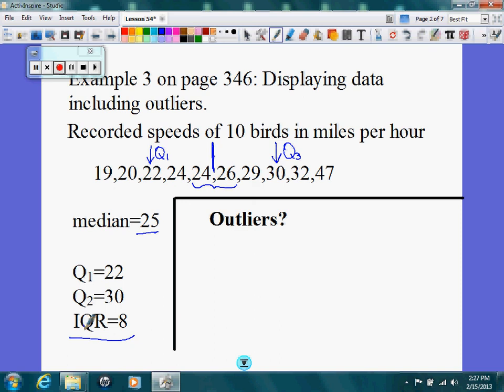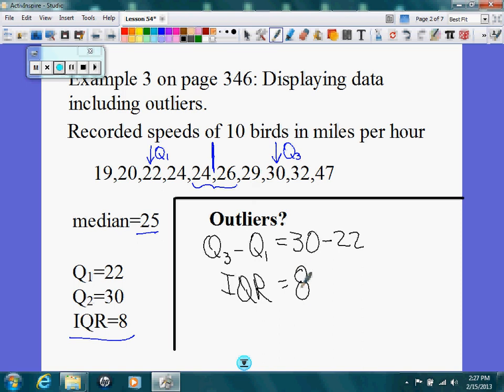What IQR stands for is interquartile range. The interquartile range is the difference between Q3 minus Q1. Well, Q3 was 30 and Q1 was 22, so our interquartile range is 8. Now, how do we identify outliers if we know that?